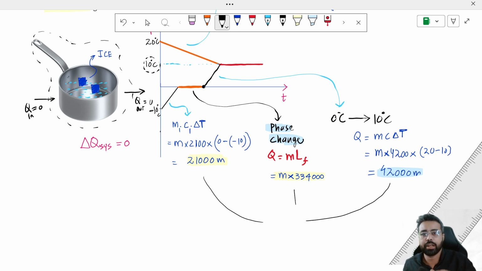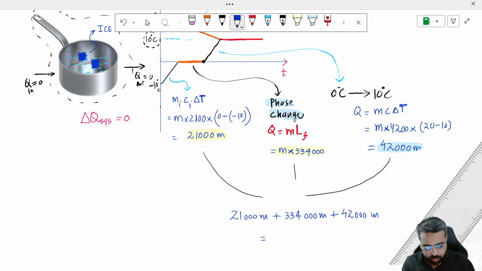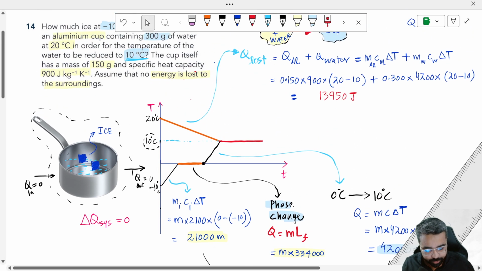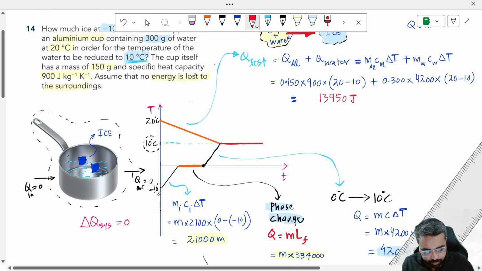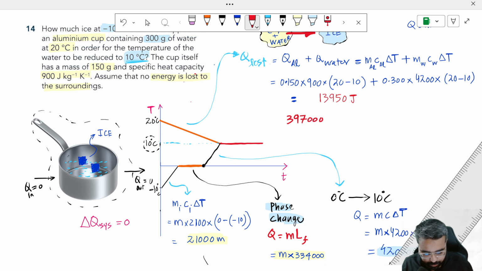Okay students, so finally, if we sum all of the heats, this is the total heat gained by the ice. So students, this is 397,000 m. All right, and m is the mass of the ice. So finally, don't you think that this 397,000 m is the heat gain that is equal to the heat lost? So 13950 joules.